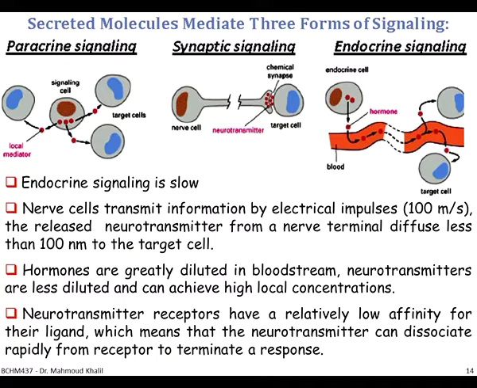What does low affinity mean? It means that your neurotransmitter can attach to and dissociate rapidly from the receptor in order to terminate the response. You need to think that if the receptor had a high affinity for the neurotransmitter, the effect of the nerve would be long-lasting, and this would not be good for the organism.